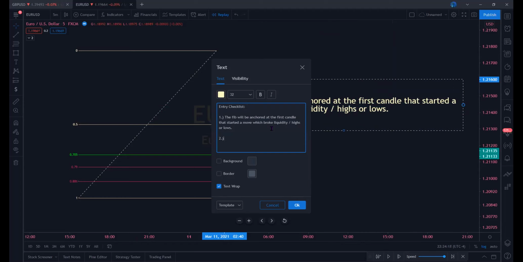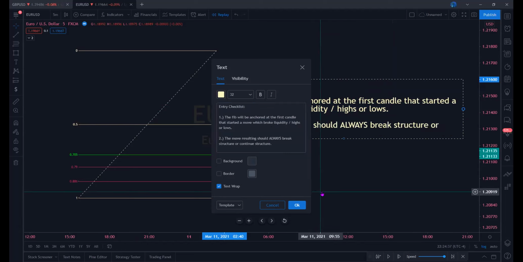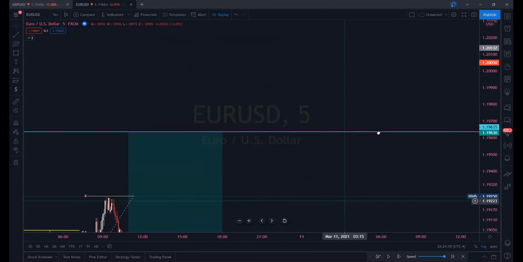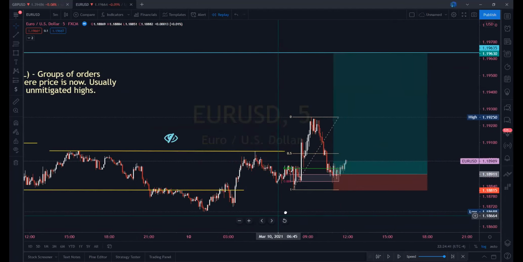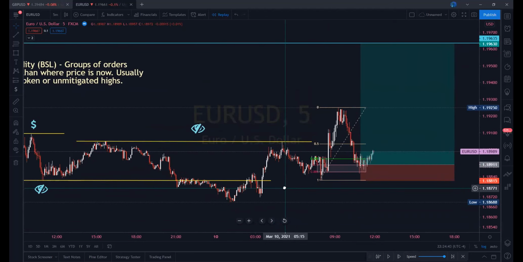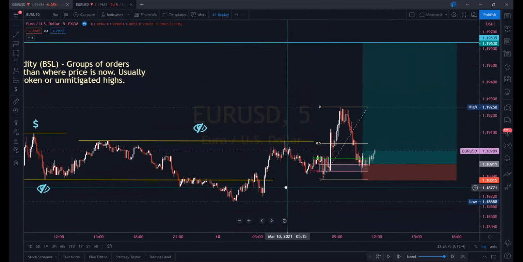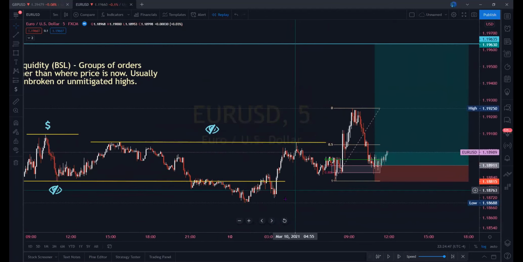The second point, the move resulting should always break structure or a previous or continue structure. What does that mean? Well, essentially, in this case, this move broke structure, correct? This move broke structure. So what does that mean?